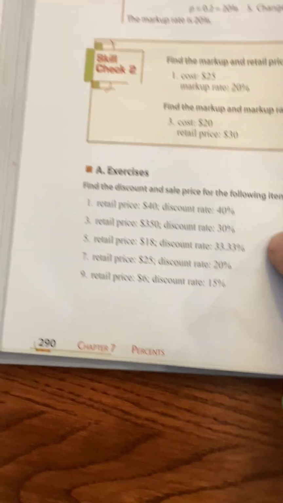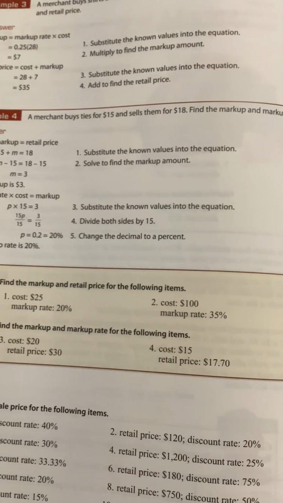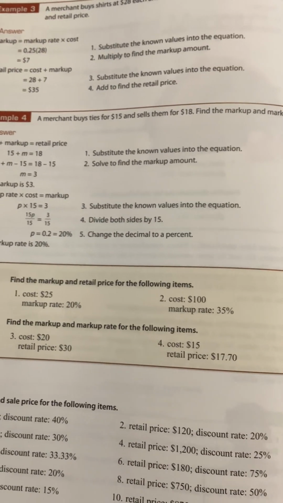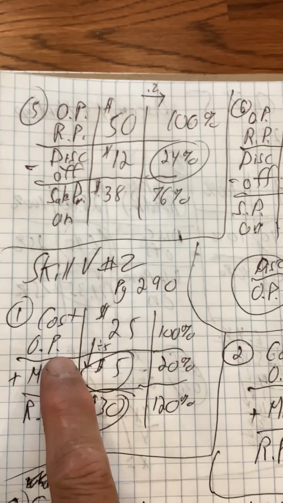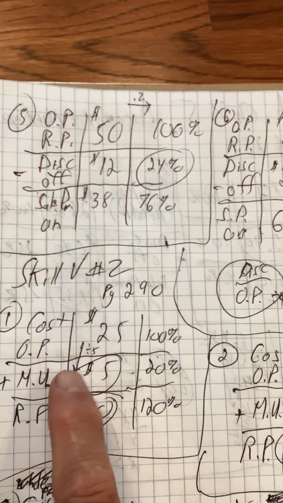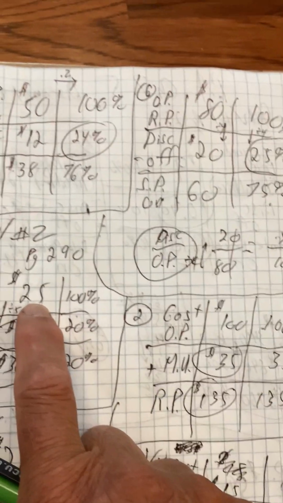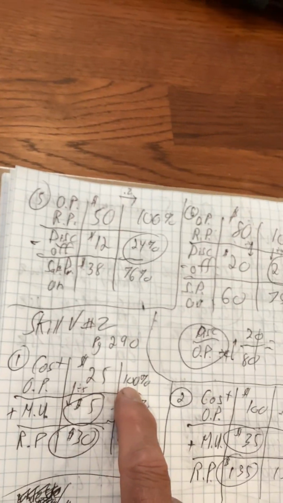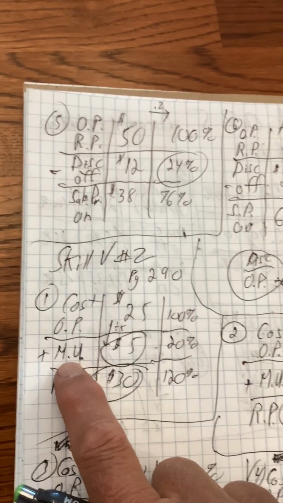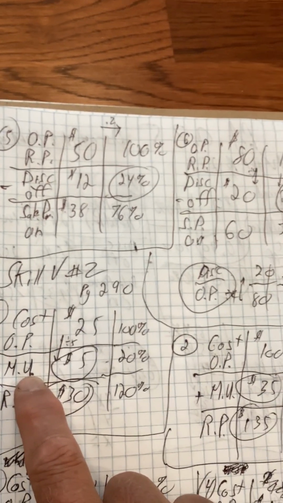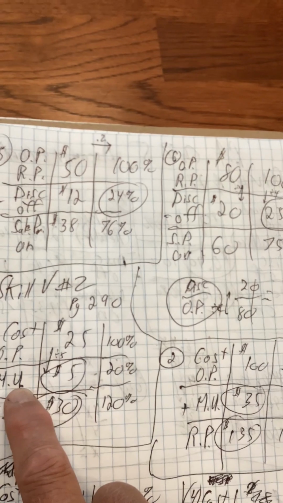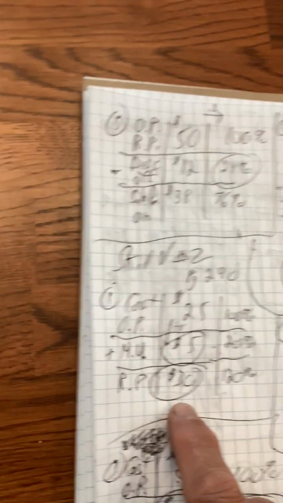So there's those subjects. Okay, then here on page 290, these 4 questions, the cost is $25 and you mark it up. So here the cost is like your original price. Then you're going to find your retail price. So if it's 25 bucks original, that's 100. This time you're adding on your markup. And the retail price was 30.